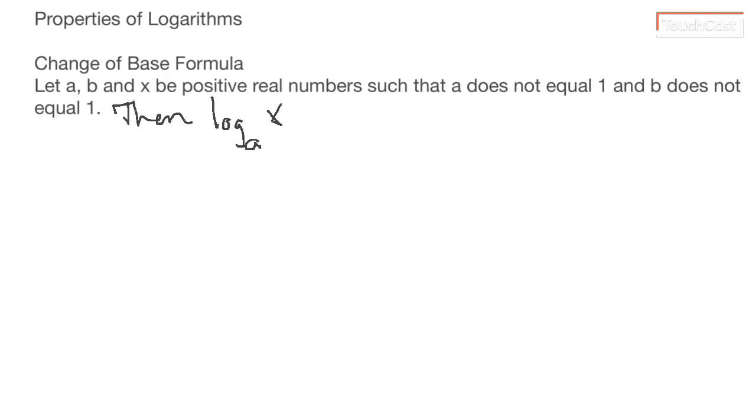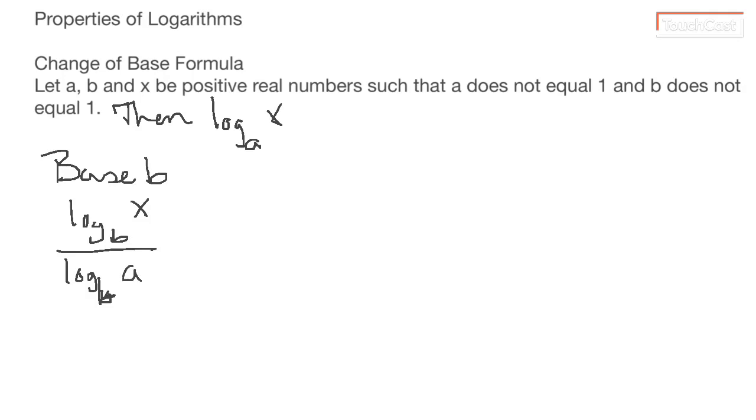If we want to use base b, we can write it as log base b of x over log base b of a.